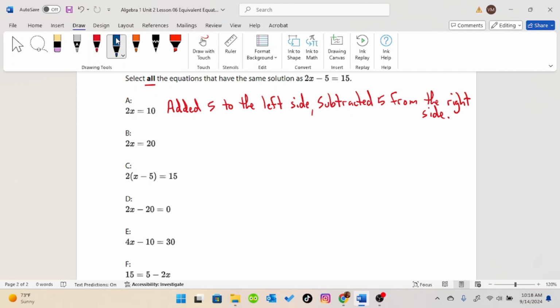Now we look at B. The 2x is the same. So we look at the -5, which goes away by adding 5 to the left side again. 15 becomes 20 by also adding 5 to the right side.